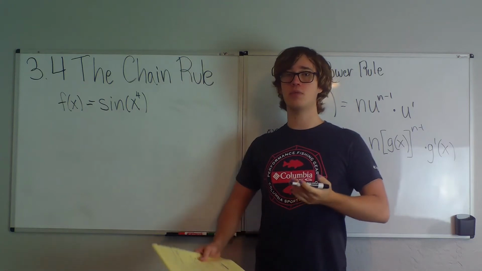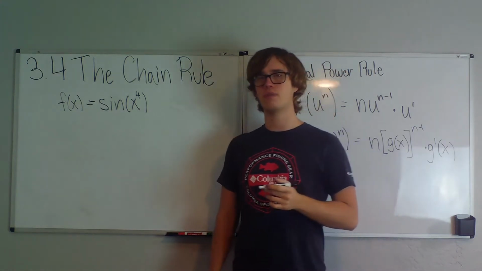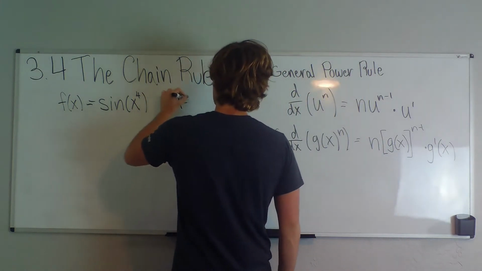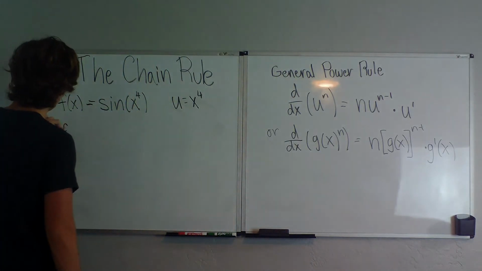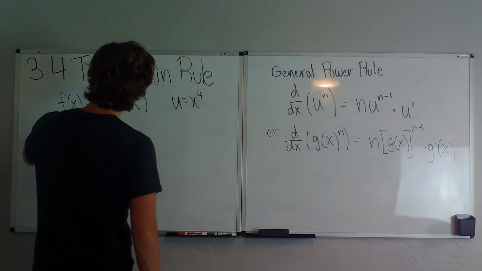Alright, let's do a trig example. What if we had f of x is equal to sine of x to the fourth? Well, we do our u-substitution, and we get u is equal to x to the fourth. And so now we have f of u is equal to sine of u.